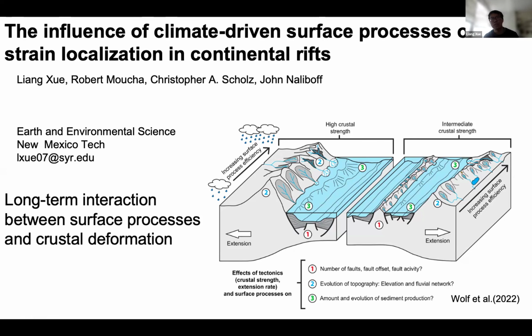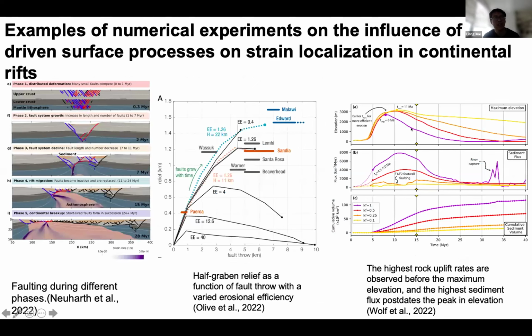So rifts are one of the key settings where climate and tectonics strongly interact. Thanks to the development of coupling between the landscape evolution model and the geodynamic model, there has been growing interest in understanding how climate-driven surface processes could influence rifting and crustal deformation.